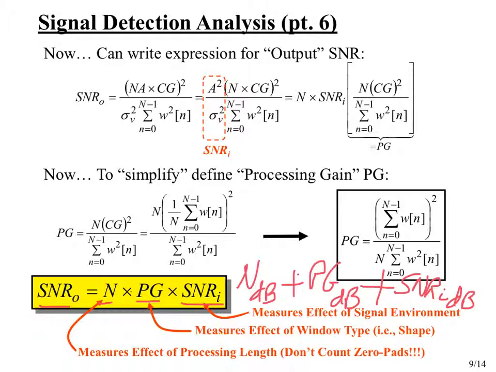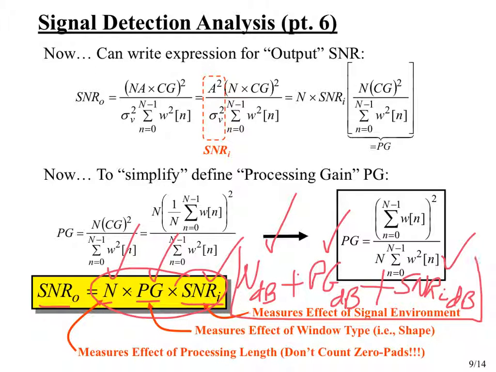So maybe SNR in is minus 10 dB. So we've got minus 10 dB plus 0 dB plus 20 dB, and we're up to 10 dB. Same thing that we got thinking here, 0.1 times 1 times 100. Okay? So it's this dB form with summation that the real engineers think about.